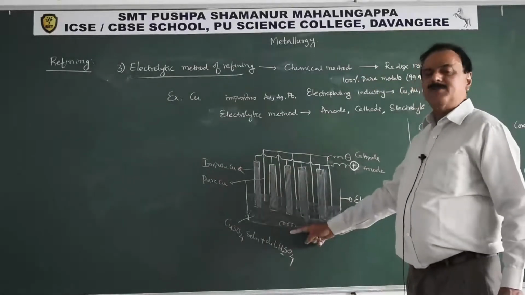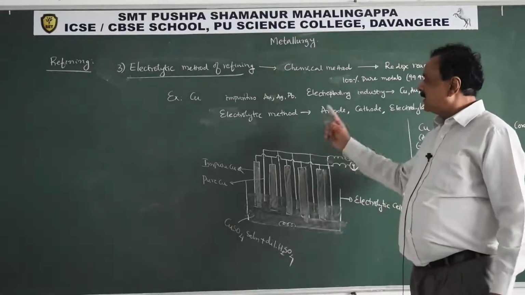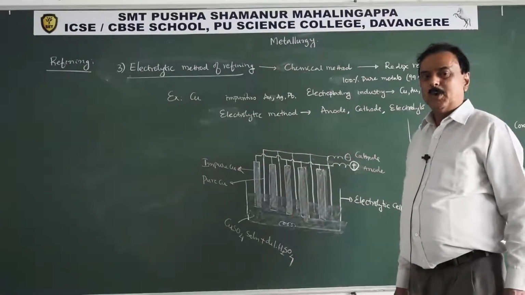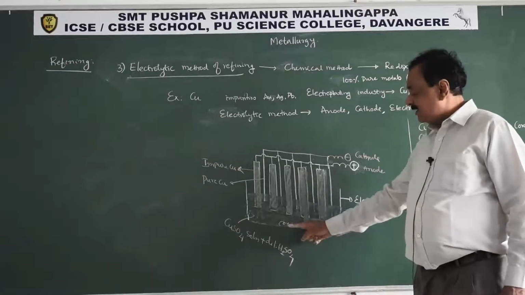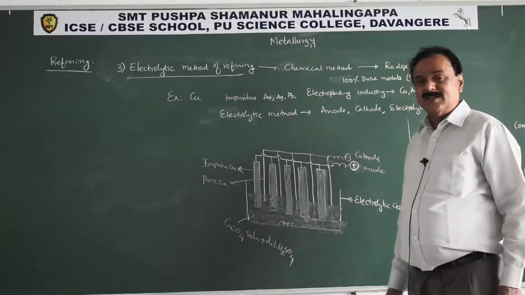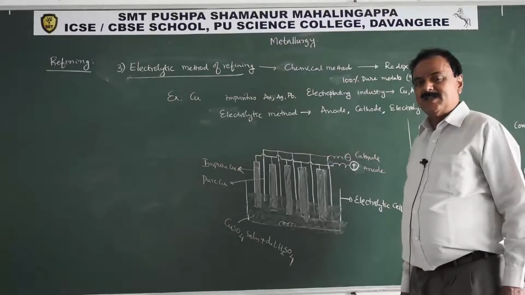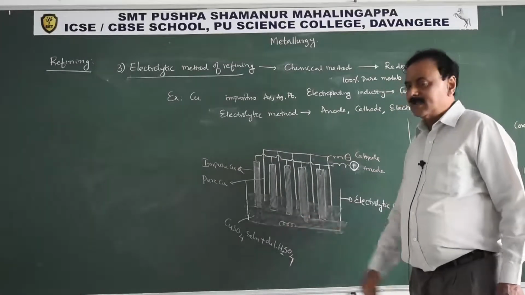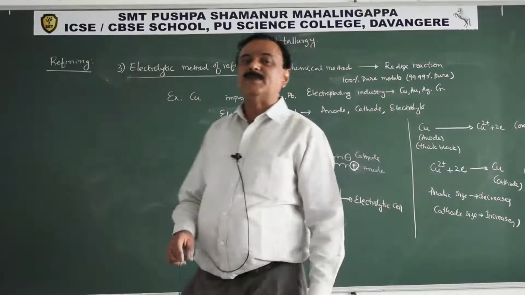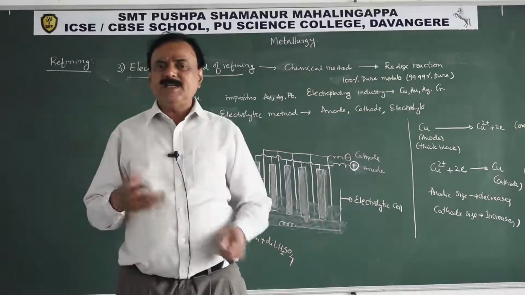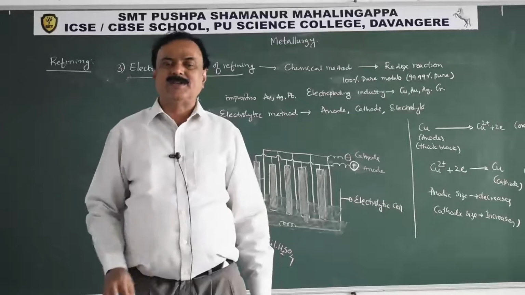Therefore, this is not a waste product because it contains impurities again. Gold may be present as impurity, silver may be present in smaller quantity, lead may be present in smaller quantity. Again, this is used in the extraction of gold or silver by means of the cyanide process. We can recover them. In entrance exams, this is a very important question.